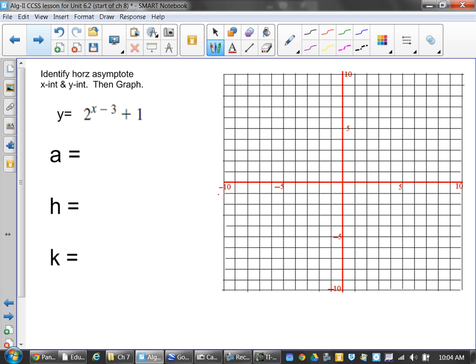Now in this case, what's going to be our a value? 1. Good. So the a value here is going to be 1. What's your h? 3. And what's your k? 1. Okay. What is going to be your parent graph that you're going to plot? 2 to the x. So 1 times 2 to the x. A to the x in this case, if you want.